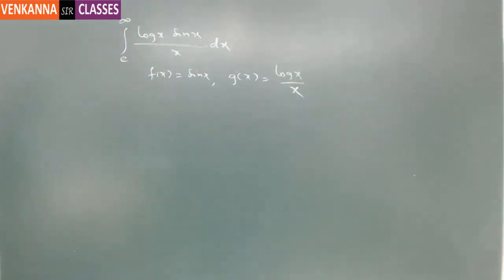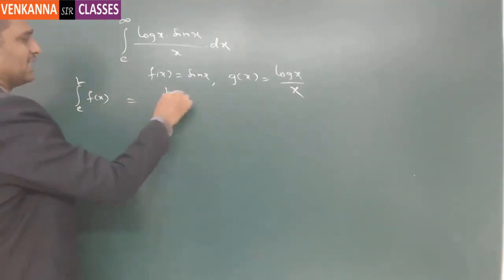Because for f, if you want to use Dirichlet test, you need to evaluate the integral e to t for f. If you take f of x is equal to sin x by x, it may be a little difficult for the evaluation part. That's why I have taken f of x is equal to sin x. So this is equal to integral e to t sin x dx.